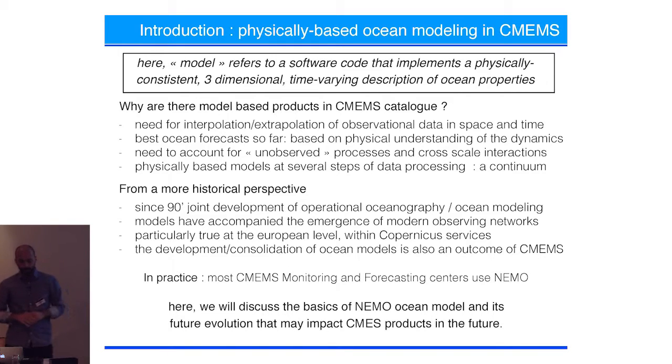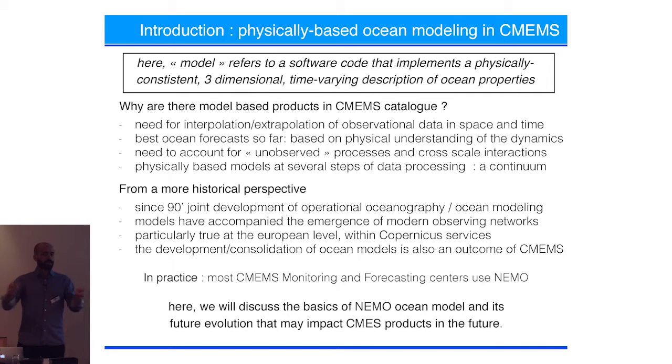It's a continuum. It's important to note that over the last 20 years or so, there has been a very clear co-development, or joint history, between the emergence of operational oceanography and ocean modeling capabilities. To a large extent, ocean models have driven or contributed to the evolution of the modern observing network.